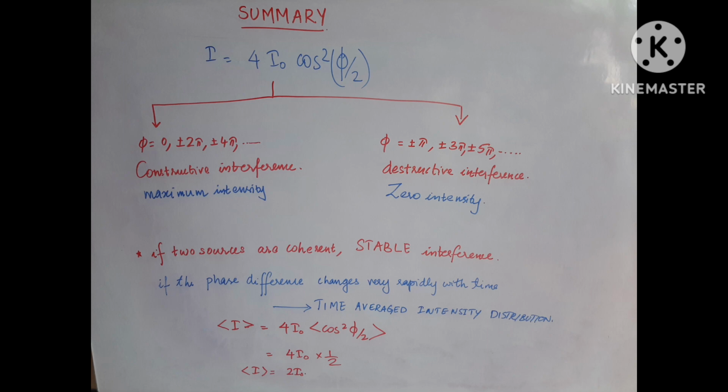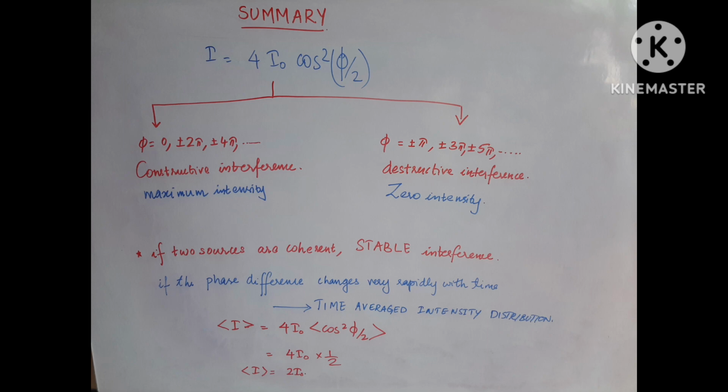So this will not result in an interference pattern as we discussed so far. This is a case where the resultant intensity is just 2I0, where 2I0 means double the intensity of a single source.